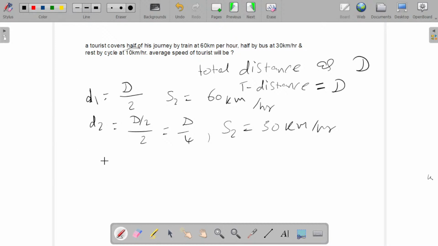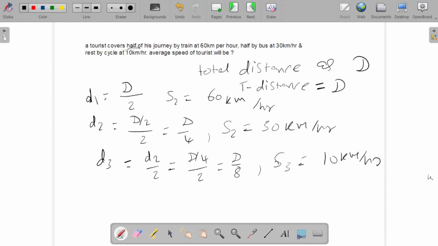Okay, and d3 will be half of this d2, so d2 by 2 equal to d by 4 by 2 equal to d by 8, and s3 will be 10 kilometer per hour.